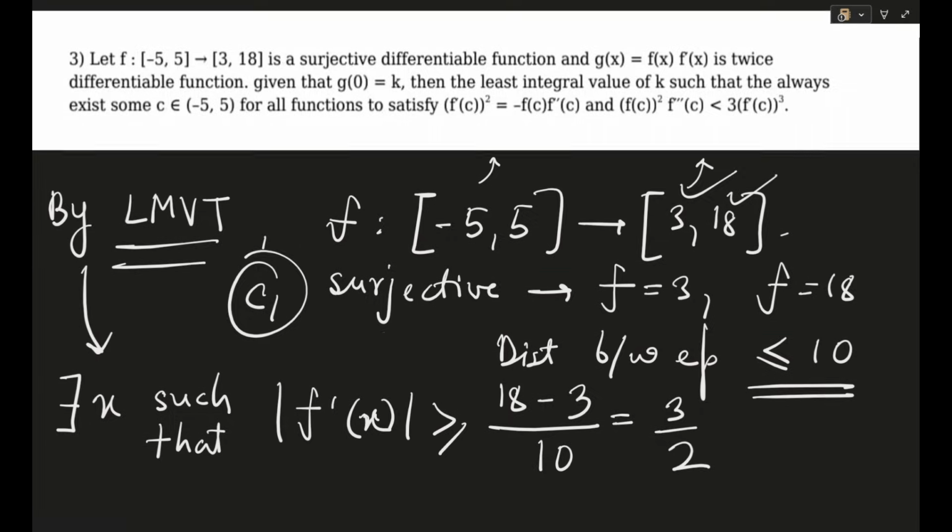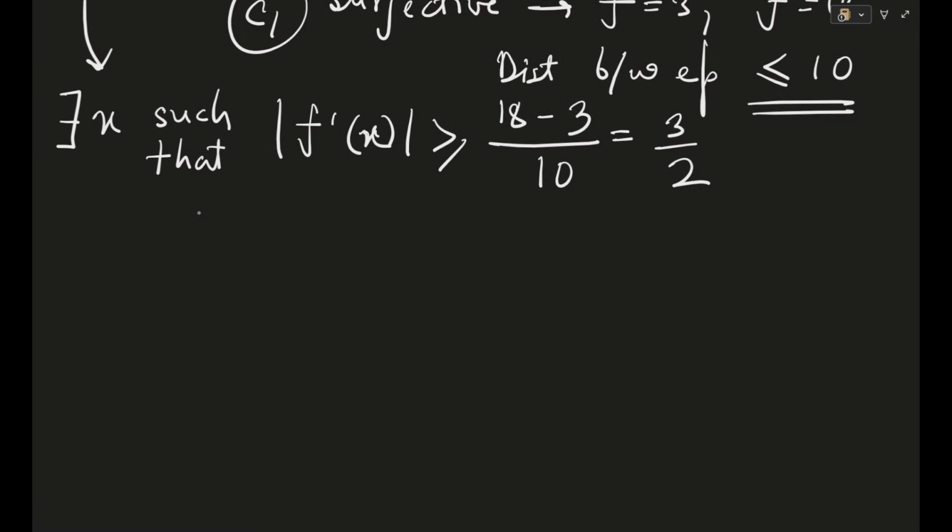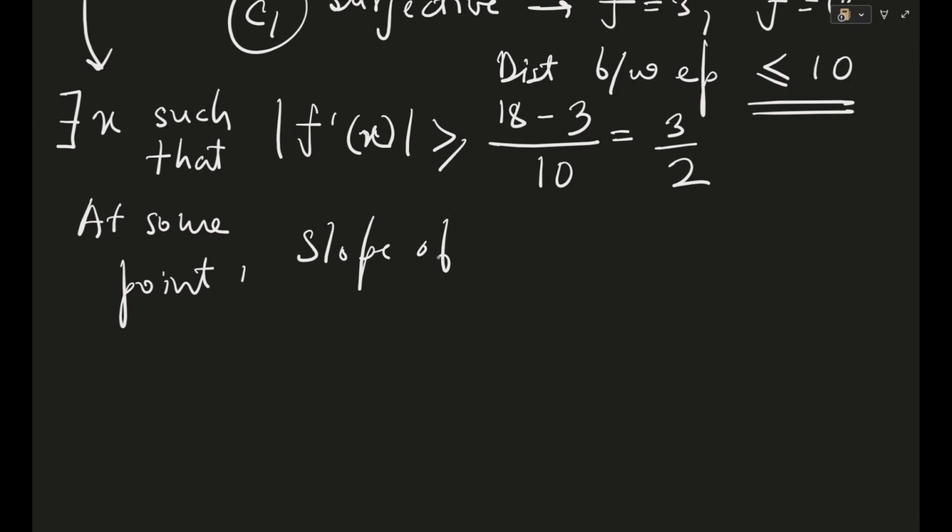So at some point, the slope of f of x will be greater than or equal to 3 by 2, or maybe you can write this as 1.5 if you want. Your choice.